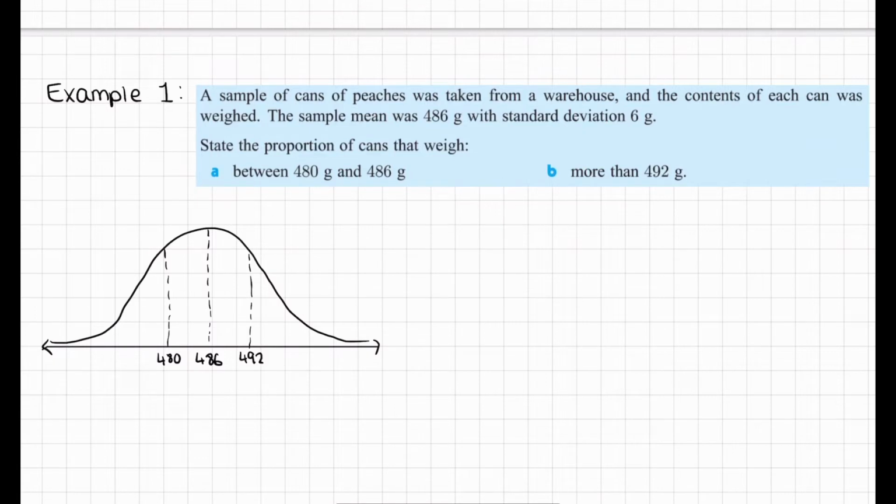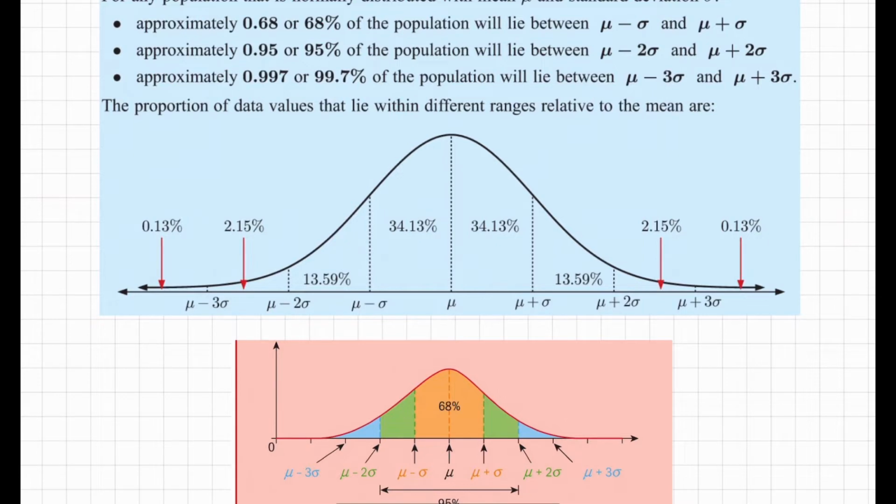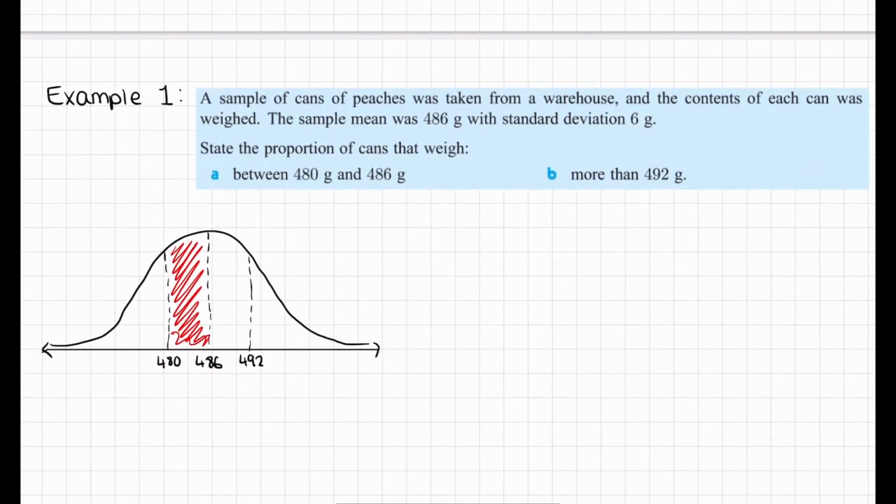Now for this first question, we are wanting the proportion of cans between 480 and 486. So we are wanting this section here. Now if you look at the diagram before, you see I have shaded this section here, which is 34.13%. So the proportion for part A would be 34.13%.